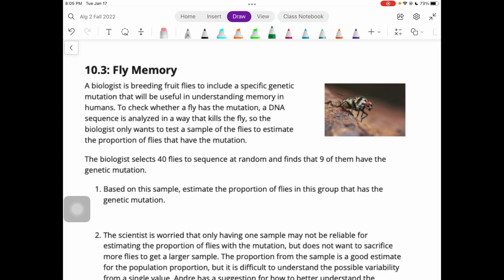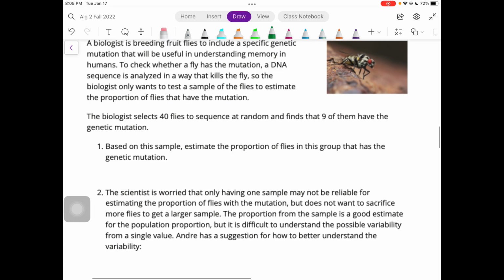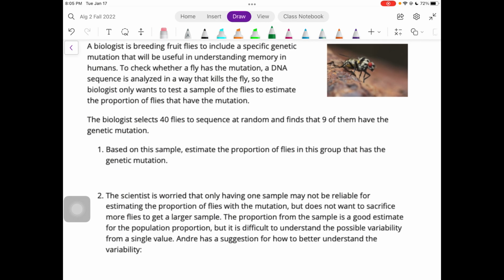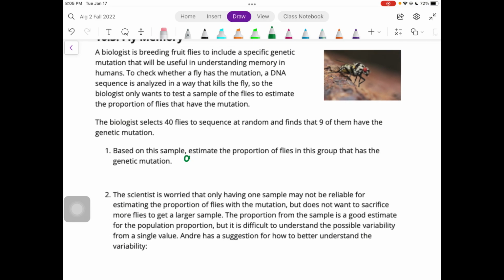The biologist selects 40 flies to sequence at random and finds that 9 of them have the genetic mutation.